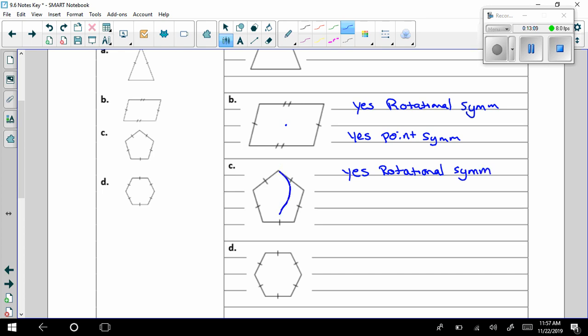But if we turn it 180 degrees, it's going to be upside down. So it would look like something like this, let's see if I can draw this successfully upside down. And so that doesn't look identical, so there is no point symmetry.